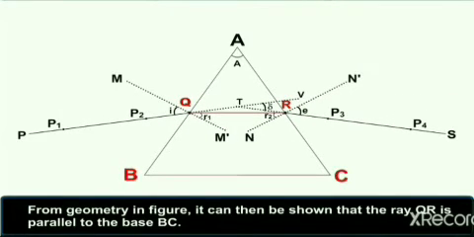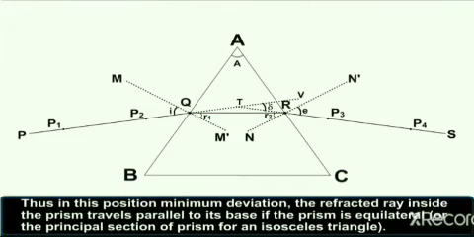From geometry in the figure, it can be shown that the ray QR is parallel to the base BC. Thus, in this position of minimum deviation, the refracted ray inside the prism travels parallel to its base if the prism is equilateral, or to the principal section of the prism for an isosceles triangle.